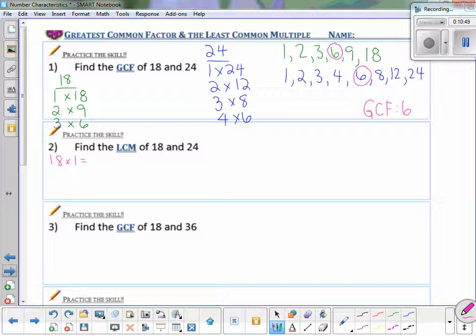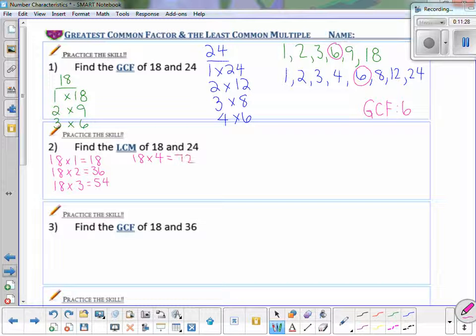It's going to get a little bit tricky. 18 times 2. 36. 18 times 3. 54. 18 times 4. 72.